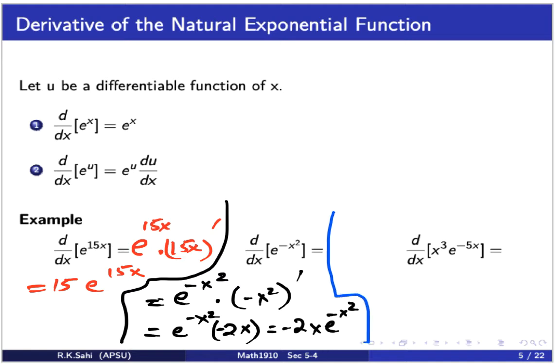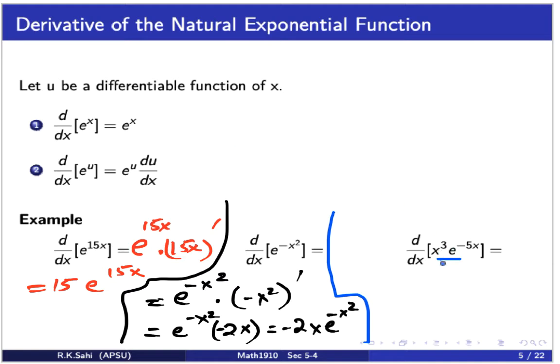Okay, let's look at the next expression. You have x cubed times an exponential function. Here, think of all the differential rules. The first rule to be applied is the product rule. Then you go inside and do the differentials.